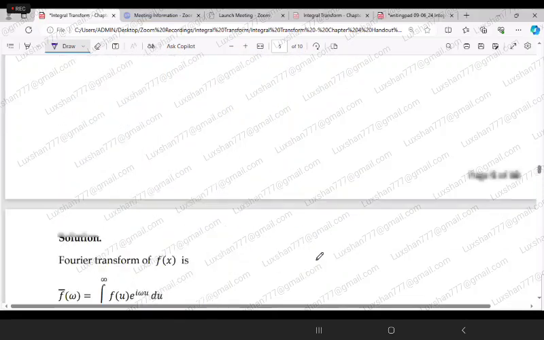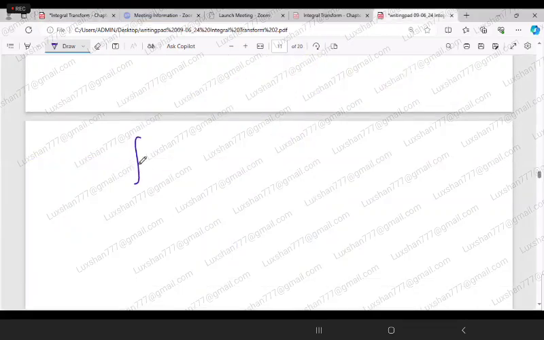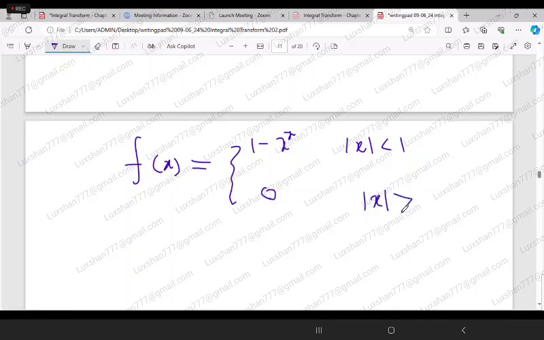The function is 1 minus x squared when mod of x is less than 1, and 0 if mod of x is greater than 1. Mod of x less than 1 means minus 1 less than x less than 1, otherwise 0.